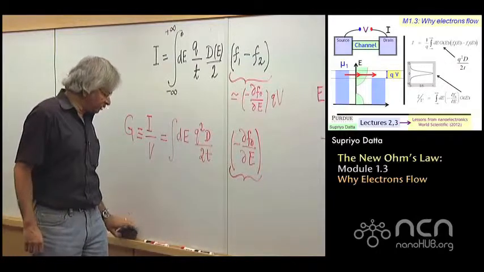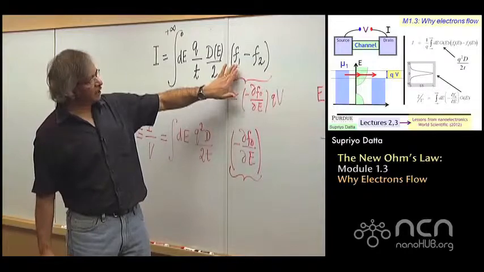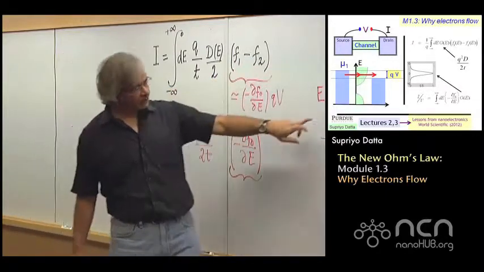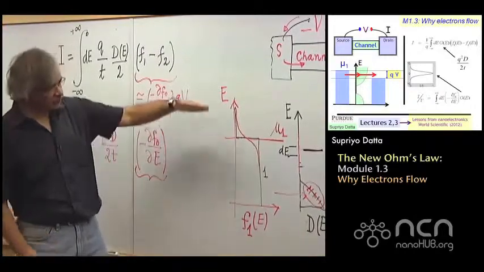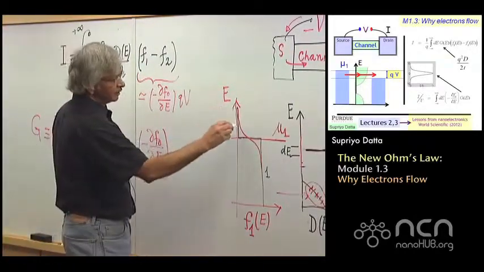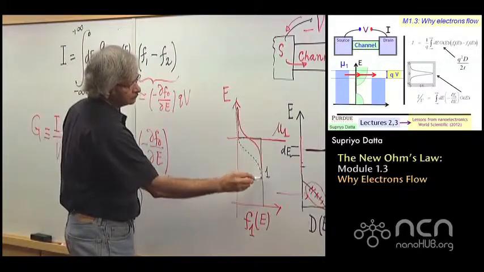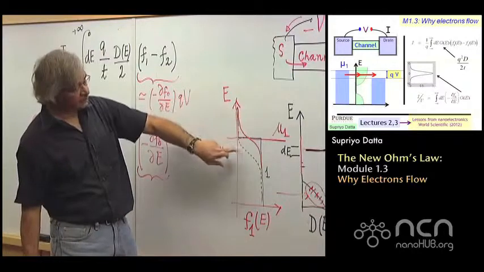So roughly speaking, you can see that when I look at the difference between F1 and F2, remember F1 is this function, F2 is exactly the same function but lowered a little bit. So F2 looks something like this. So that's F1, that's F2.